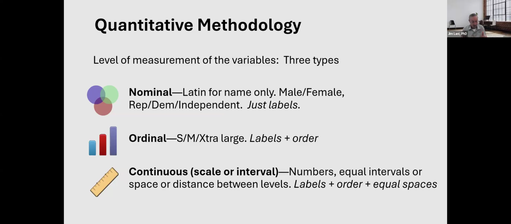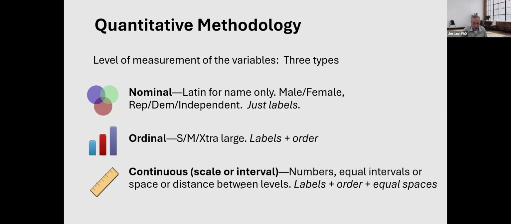So from a small to a regular Coke might be 8 ounces to 12 ounces. From a regular size Coke to a big gulp might be 12 ounces to 32 ounces. So labels and an order. Continuous, or it's called scale or ratio or interval.